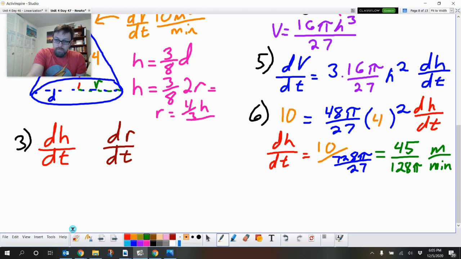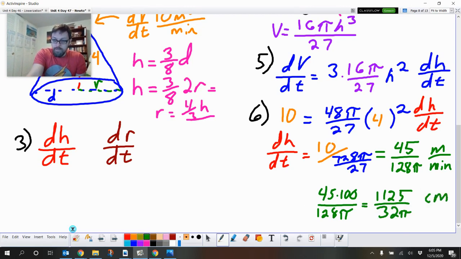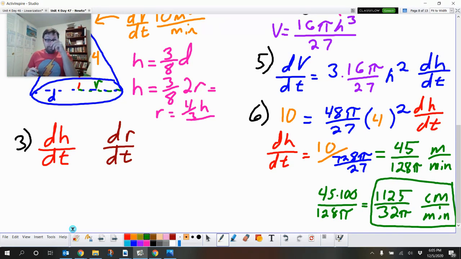So 45 times 100 over 128 pi, because there's 100 centimeters in a meter, equals 1125 over 32 pi centimeters per minute. So that's my first answer, because remember, we also have to find dr over dt.